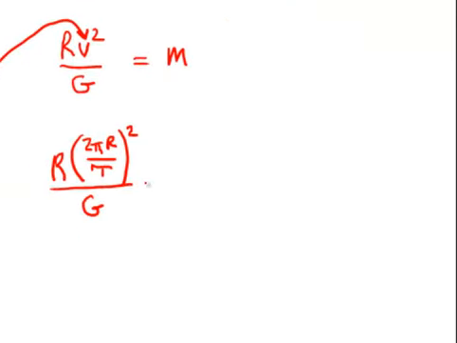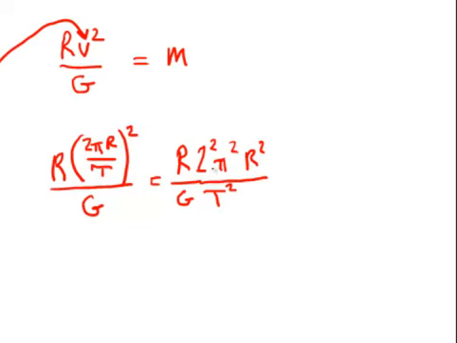That's the same thing as putting r and G, and then dropping this down, putting the T in the denominator, squared, and 2 squared, pi squared, and r squared. And if we clean this up a little bit, we can get 4 pi squared, and r times r times r is r cubed.